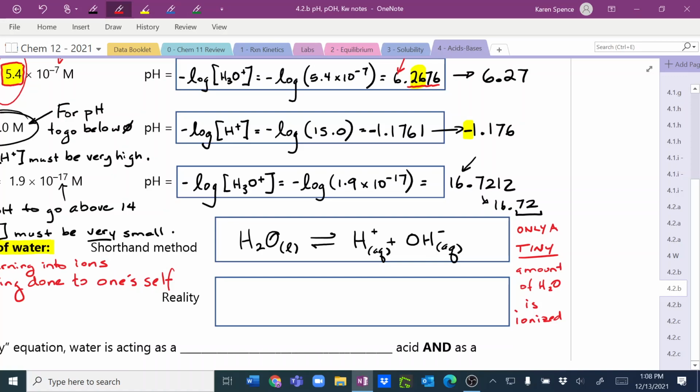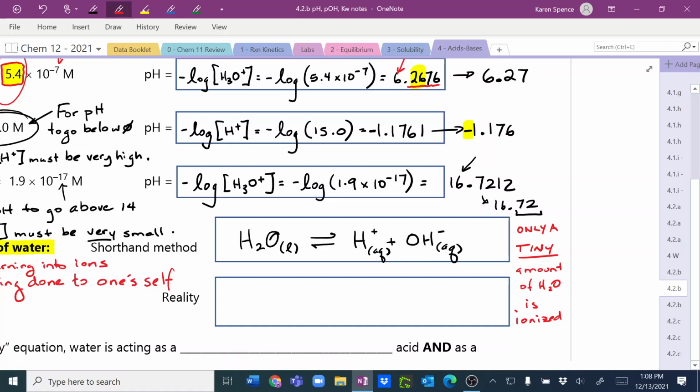Does water conduct electricity? Fresh water ought not to conduct electricity. Let me make sure this thing is actually on. There we go, that's on. Let's watch.